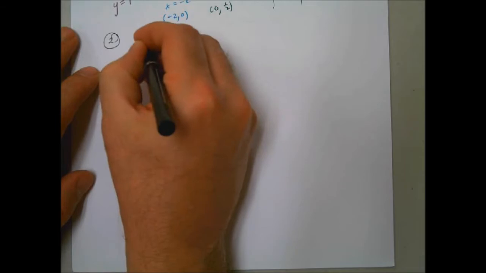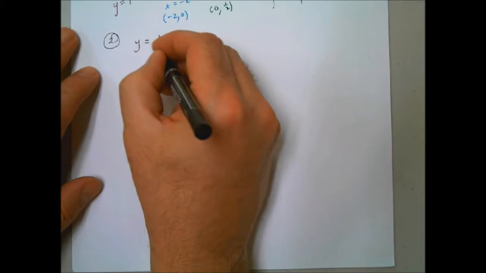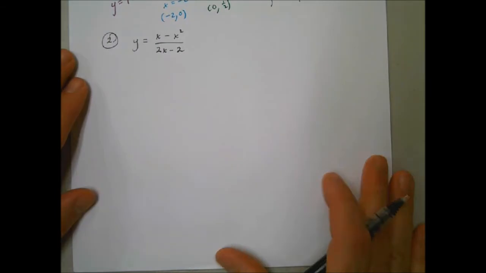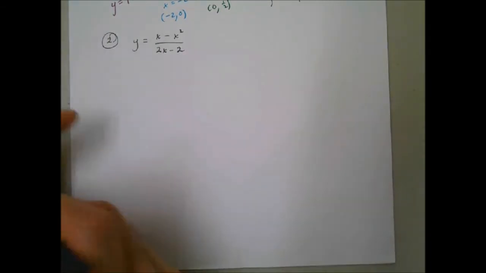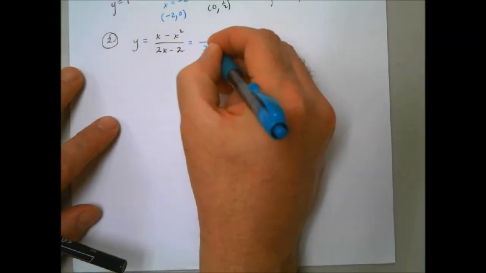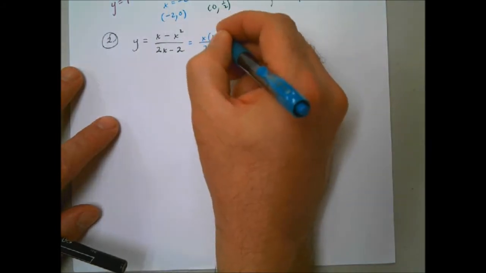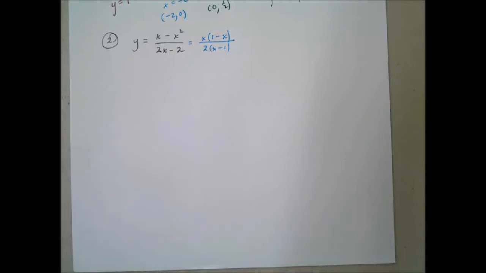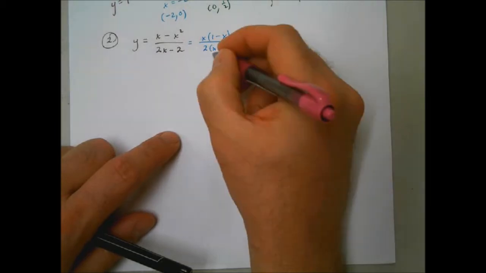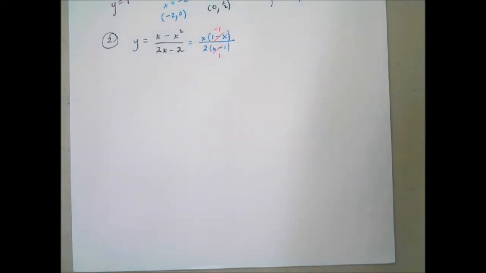Let's say we had y equals x minus x squared all over 2x minus 2. Okay, so we want to get it in factored form, obviously. So the denominator, you've got a GCF of 2, and the numerator, you've got a GCF of x. And we look at it and go, oh, look, not common factors, but they are opposites, and so they would reduce, leaving behind a 1 and a negative 1.